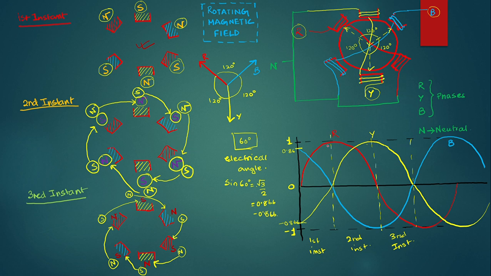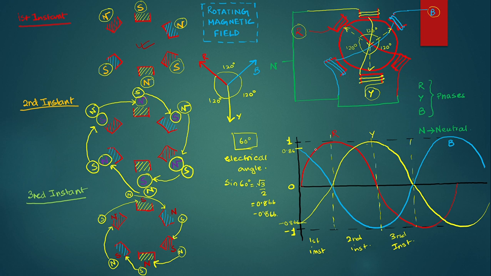Now let's go over here in the signal diagram. The first instant looked like this, where the red and blue are in the positive instant. Now here we can see that the red and blue are in the negative instant, right? And the yellow is in the positive instant. So the theory is actually working, because as there is a rotation of poles, these polarities also change.